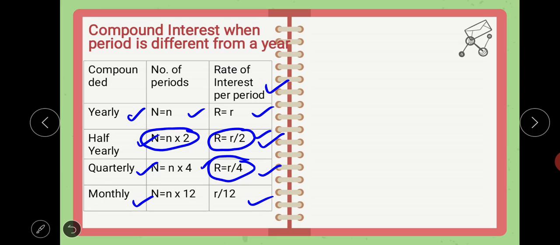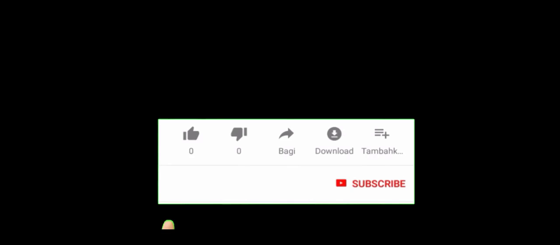So for 5 years at 14% per annum, what is the value of N and R for compound interest compounded yearly? Now for half yearly, what is the value of N and what is the value of R? Comment your answer in the chat box.